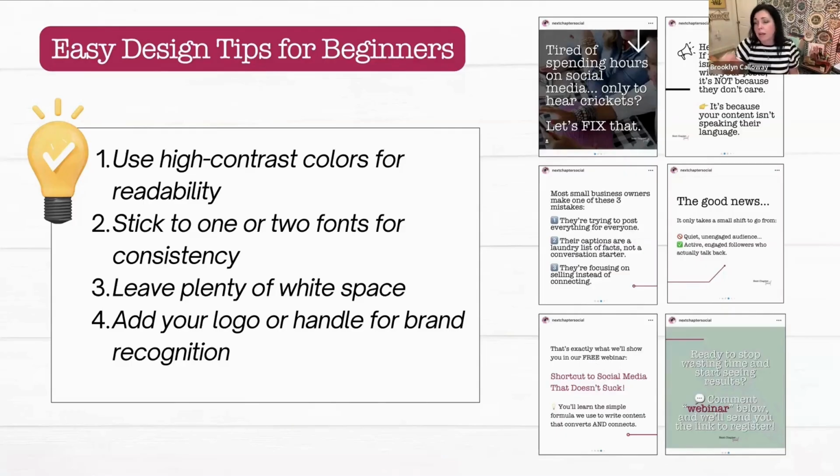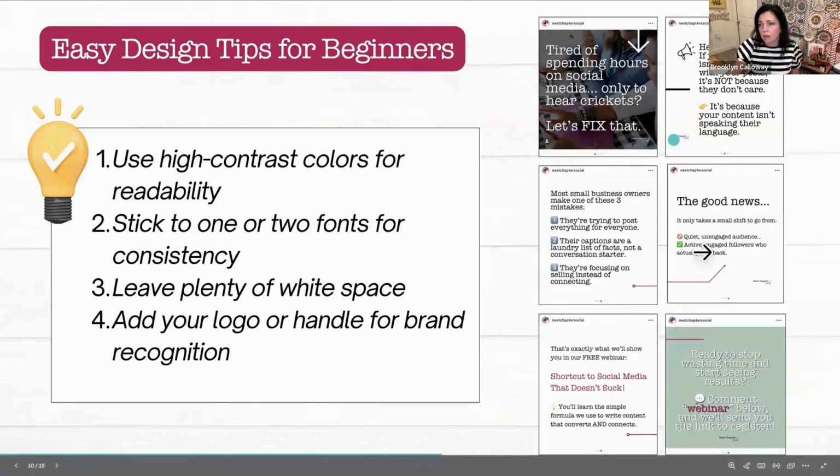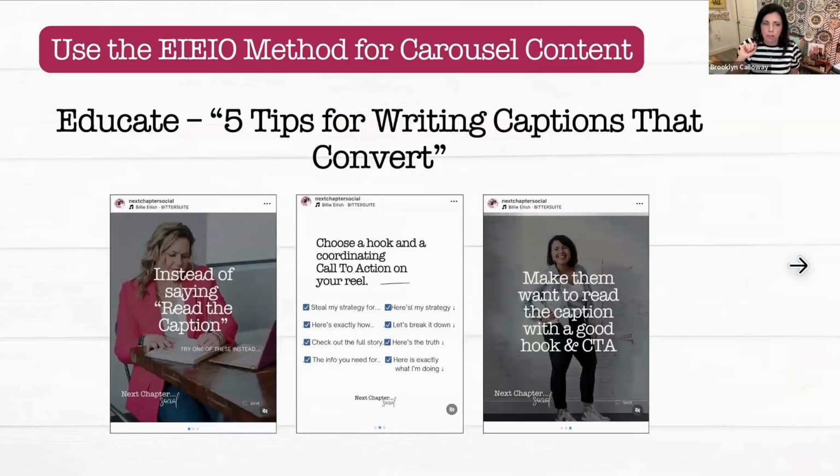But either way, the highest contrast between your text and your background is advisable. Stick to 1 or 2 fonts for consistency. We've done that in this one. Leave plenty of white space so that your client's eyeballs aren't overwhelmed. And you want to add your logo like we did for brand visibility. Again, I'll show you how to do that.